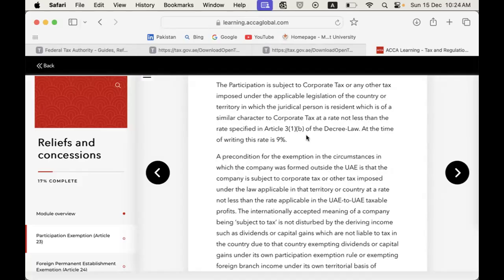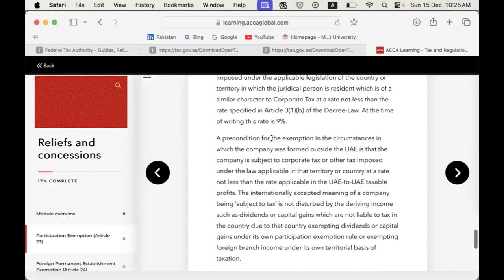One example could be the tax havens, for example the Cayman Islands or British Virgin Islands, where tax is not there, or very low. So those holdings will not attract participation exemption, and they will be taxed. If you receive any dividends from the Cayman Islands or British Virgin Islands, even if you meet the 5% criteria, the participation exemption will not be available.